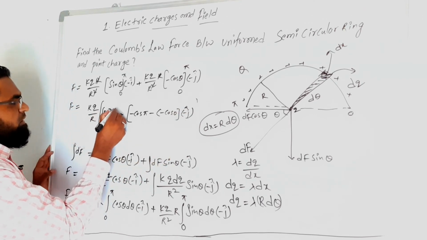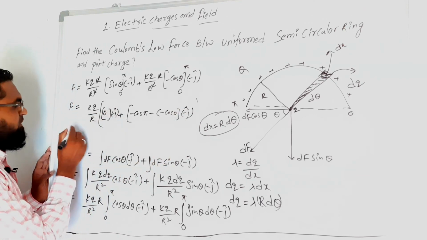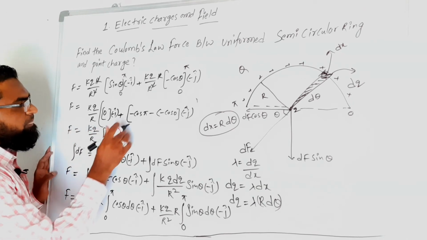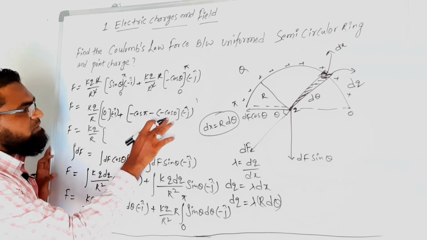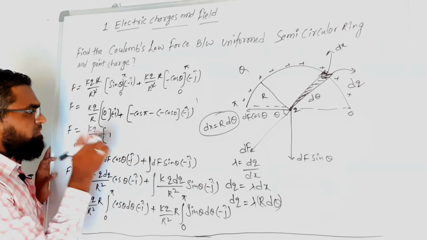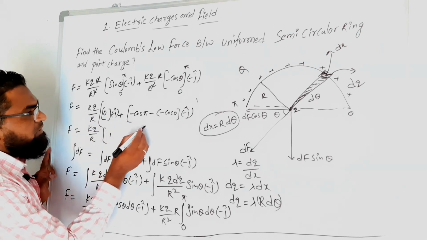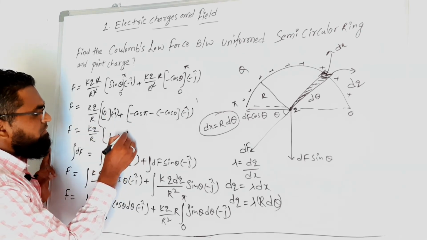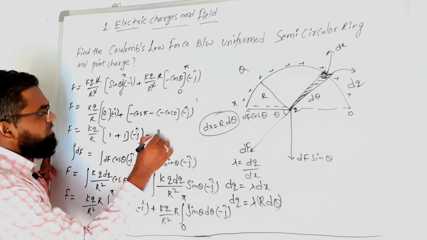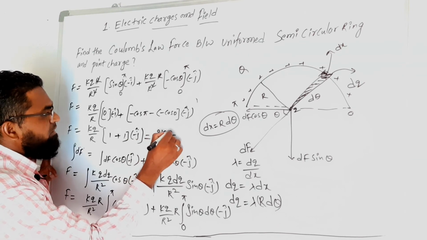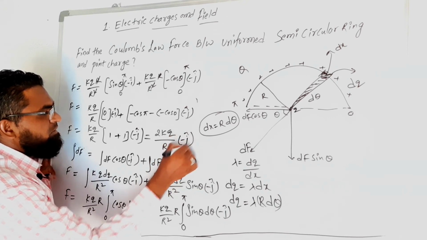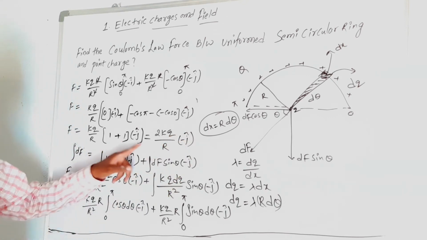This is the minus i cap term, which is 0. So f equals kq by r into minus cos pi, minus of minus, cos pi is minus 1, minus of minus plus 1 makes 1 plus 1, so minus j cap. So the final answer is 2kq by r minus j cap. This is the final answer.